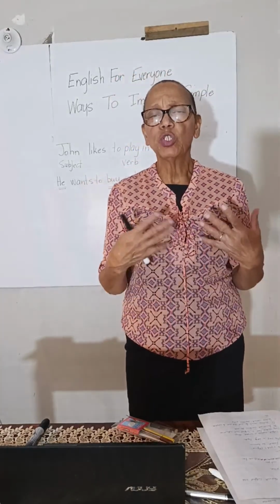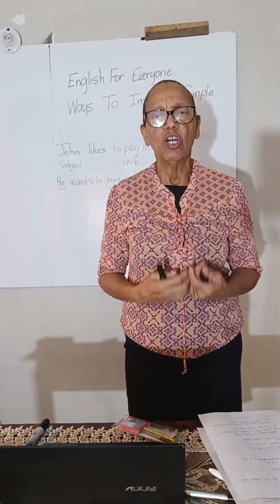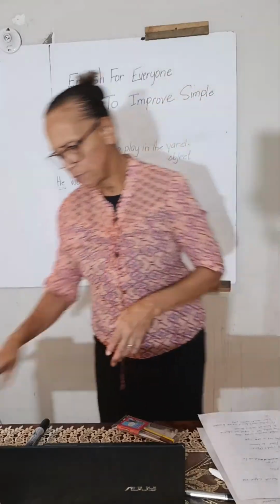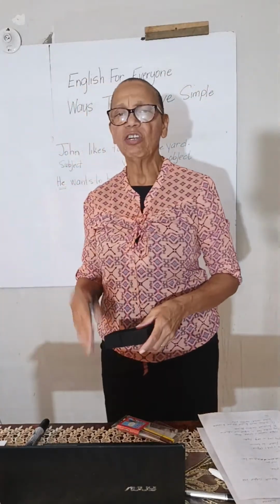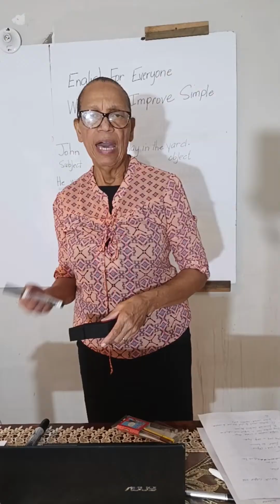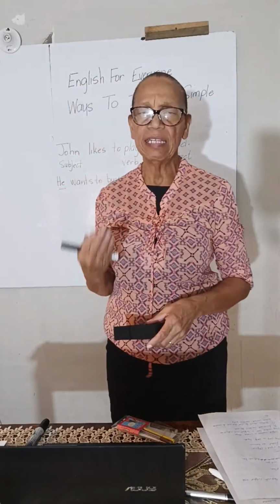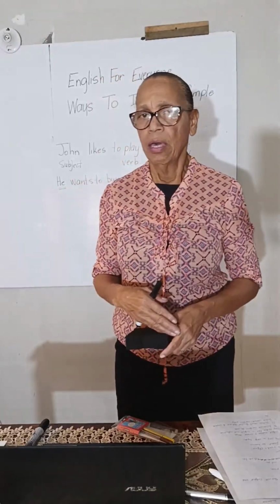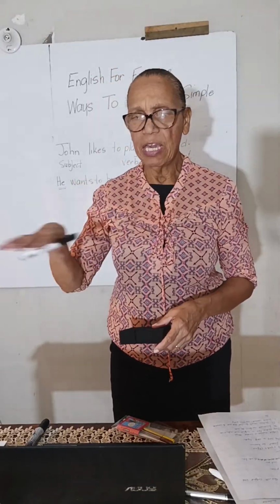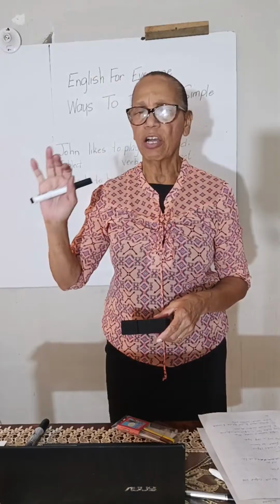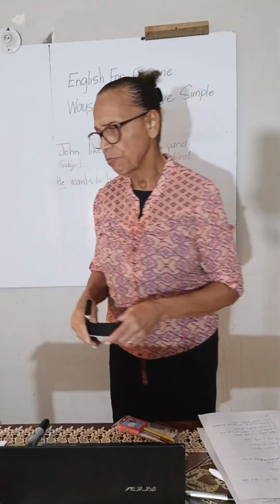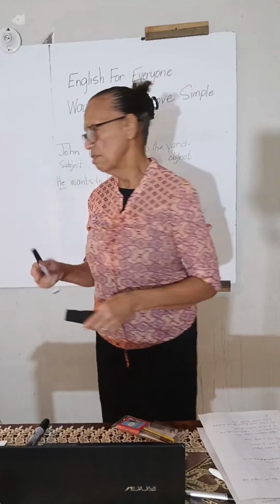We can do many, many things to improve simple sentences. A simple sentence is a sentence that conveys one idea. Even if you have three persons in it or three actions, they're doing the same thing, or similar things.